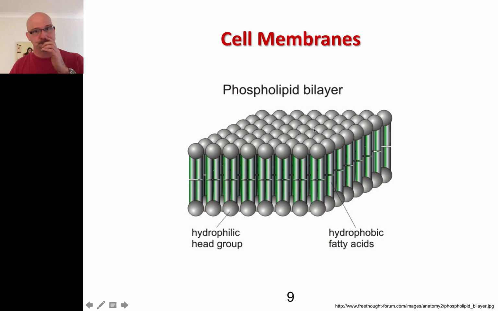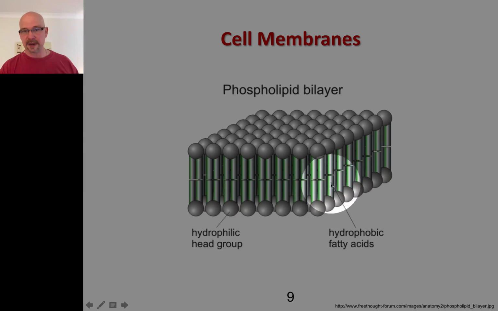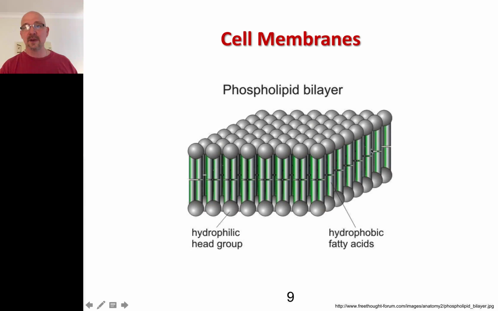And here's why. When you take a bunch of phospholipids and just throw them into a sink full of water, the fat, which doesn't like the water, goes into the middle, and the heads, which like the water, form on the outside, and you get 2 layers of phospholipids coming together.